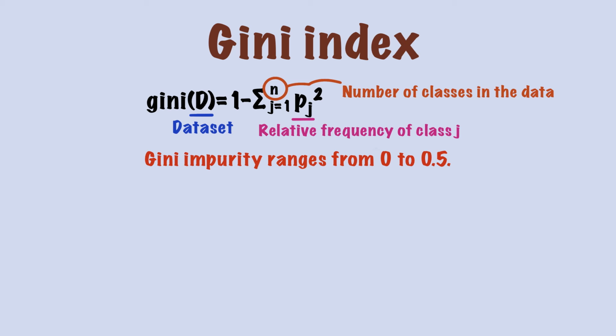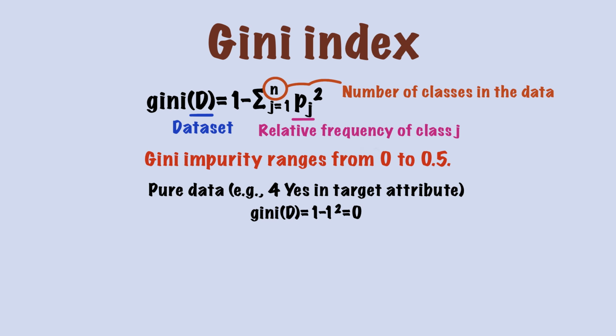However, Gini impurity only ranges from 0 to 0.5. Remember, Gini impurity is a measure of impurity for a single class, and an attribute may have multiple classes. To verify, say we have 4 data in this class or dataset, and these tuples are in the class yes in target attribute, so the data is pure. The Gini impurity of this class is 1 minus 1 squared, which is 0.